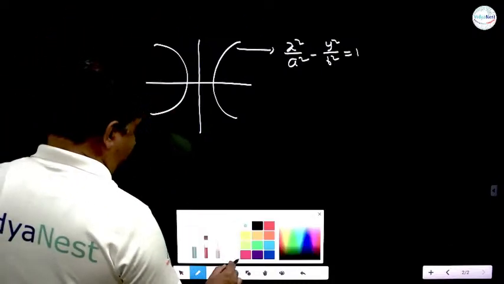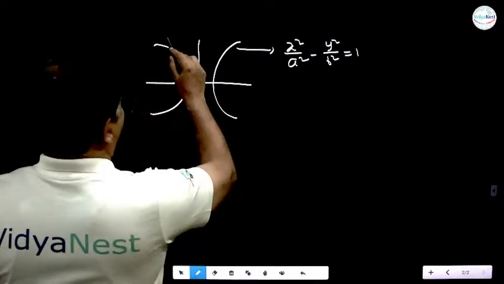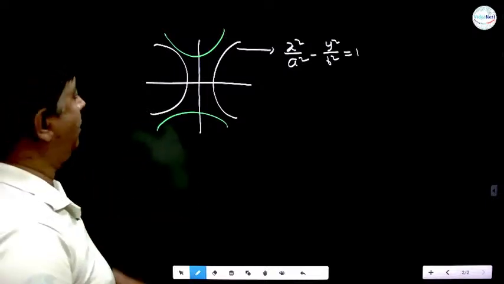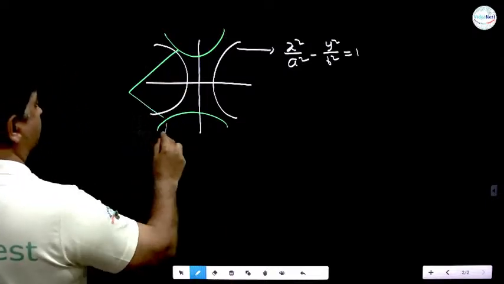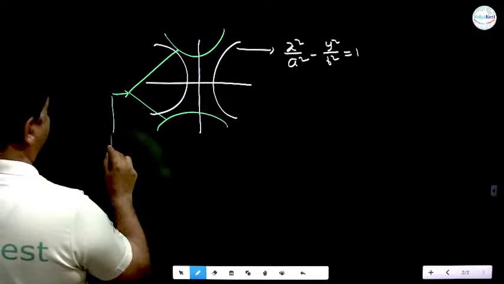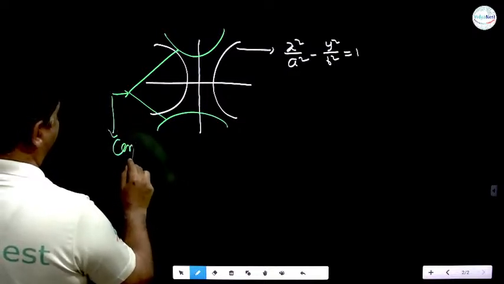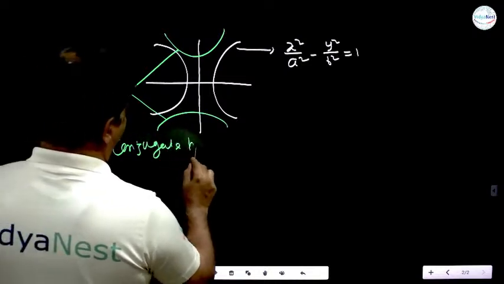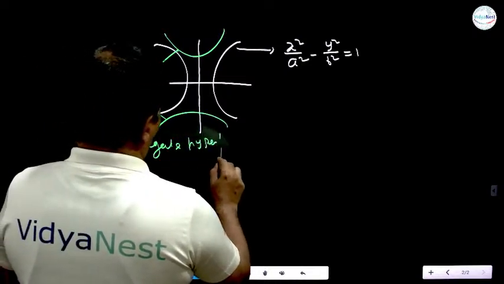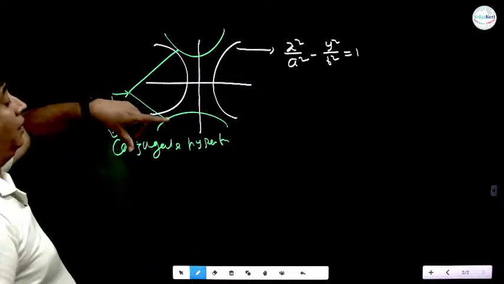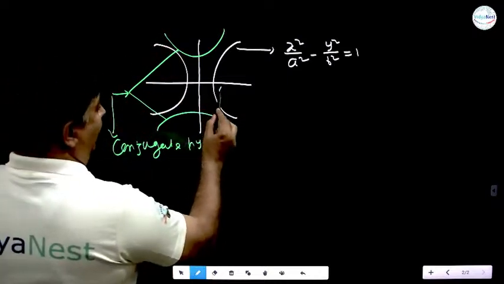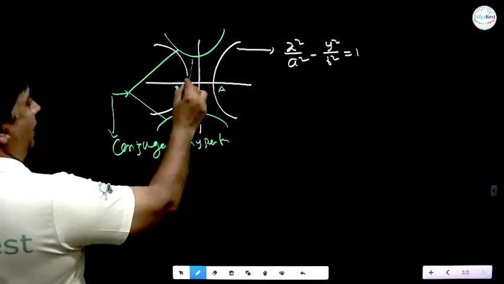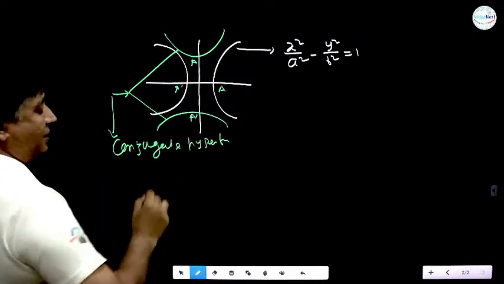But if you draw it in reverse mode, then it is called the conjugate hyperbola. Now you will get a dash along the y-axis.